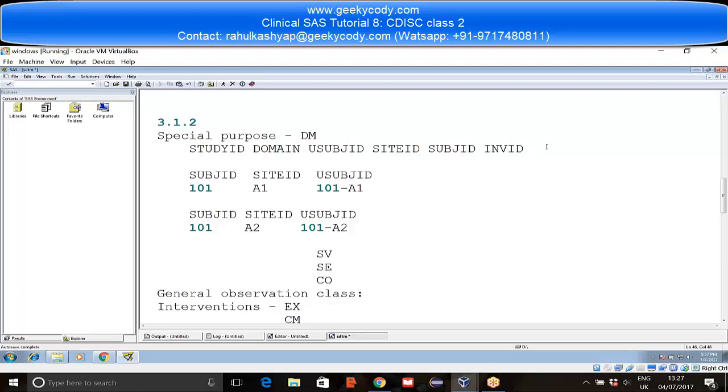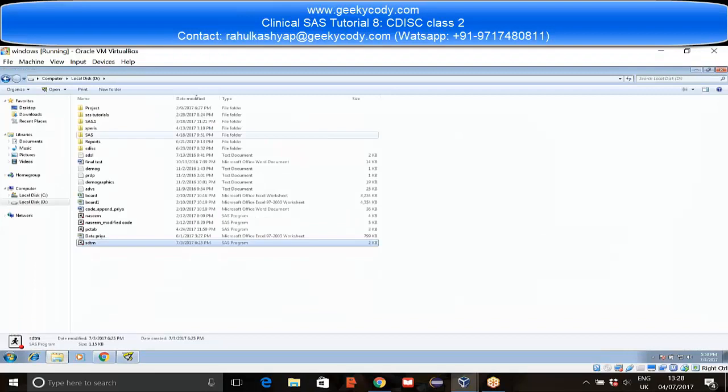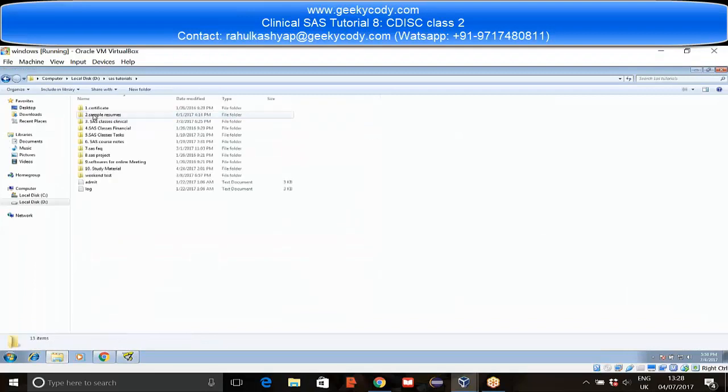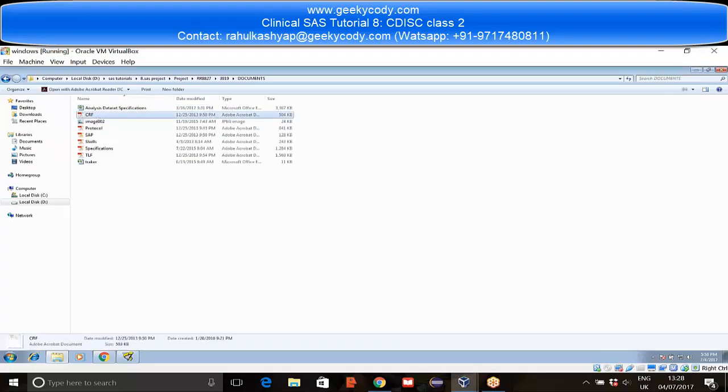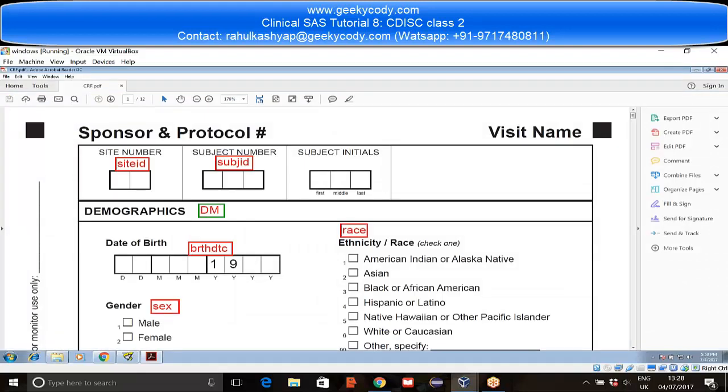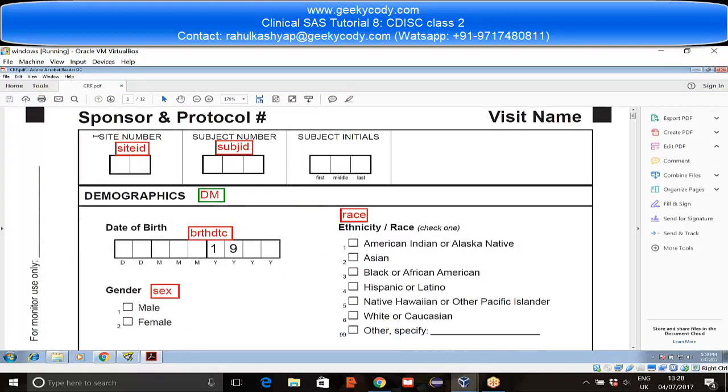Okay, and the next variables. Just think about demographics. Demographic means general information. I have shown you the CRF. Do you remember the CRF? Yes, I saw it yesterday, Priya, the paper CRF. Right. Here we have site number, which is nothing but site ID, subject number, which is subject ID, and subject initials.